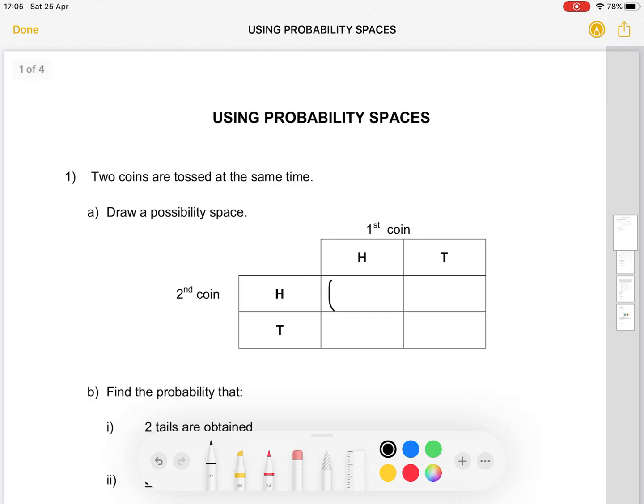Here, the first coin landed on a head, so H, comma, and the second coin also landed on a head.